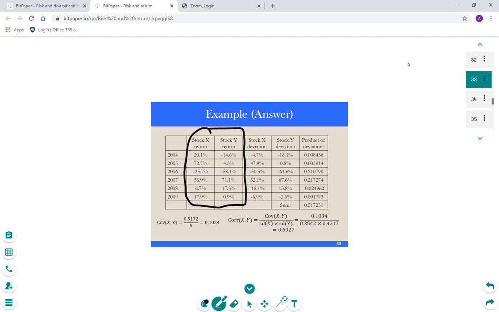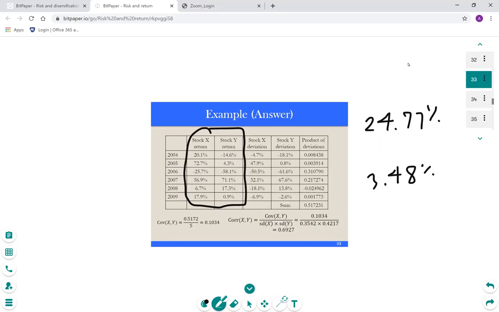We can compute the mean. In this case, this isn't shown, but the mean for stock X is roughly 24.77 percent. The mean for stock Y is roughly 3.48%.